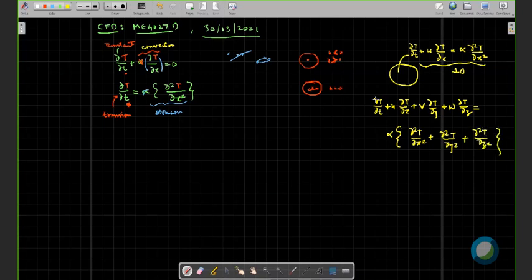Okay, so this is how you see an appropriate equation for a real conduction problem, a real heat transfer problem, where you have this convection, and you have what is called conduction.